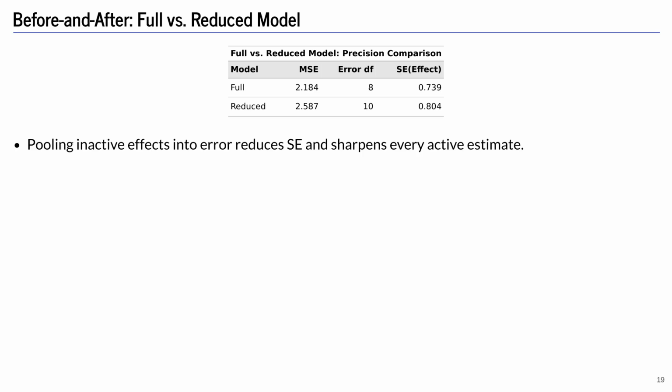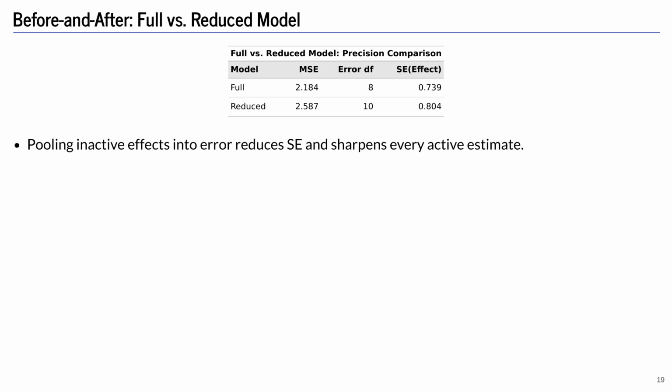The MSE absorbs a small amount of additional variation from the dropped terms, which slightly raises the error estimate. But the gain in degrees of freedom makes the t-critical value smaller, so the net effect on inference is still favorable. The active effects are now estimated with more stable precision, and the model is simpler and more interpretable.